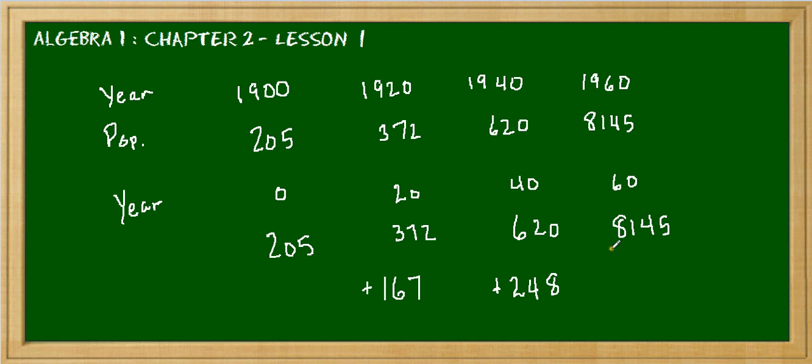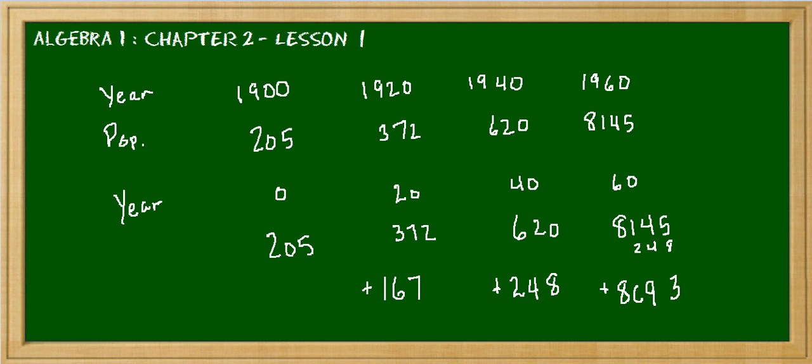Now let's take a look at the next one. It increased another 20 years, but wow, we have a whopper of an increase here. Let's do the math. If we were to subtract 248 from here, we would have a 3, a 9, and an 8. So it would be 8,093. Oh, excuse me, I did that wrong.